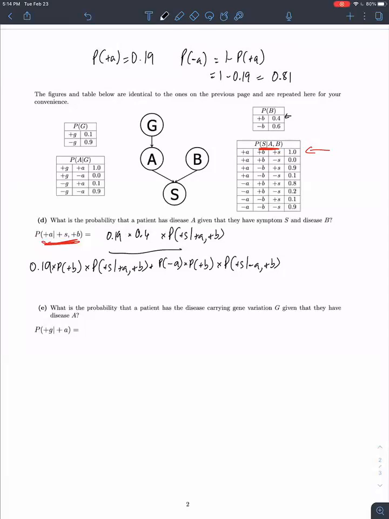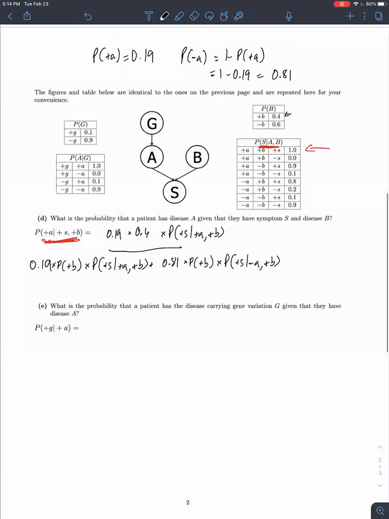So the probability that you're negative for A is 0.81. Now, the probability that you're positive for B, again, it's here, 0.4. And the second sub-expression on the bottom is also 0.4.